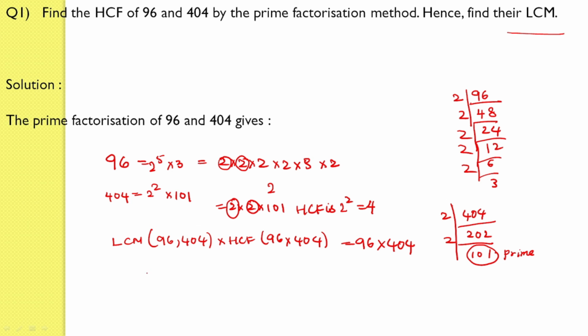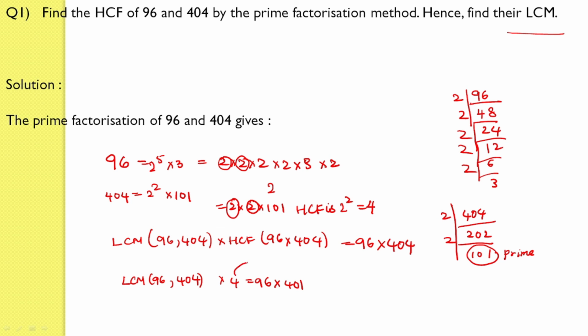If you substitute in this equation, LCM of 96 and 404 multiplied by 4 equals 96 multiplied by 404.